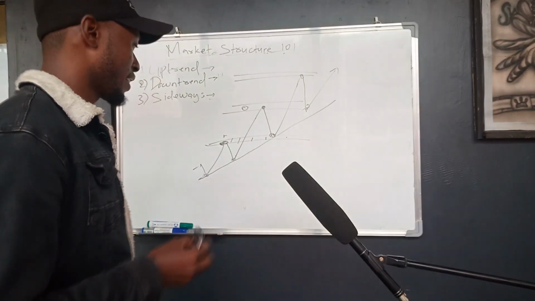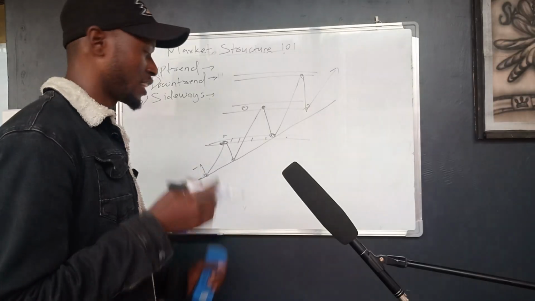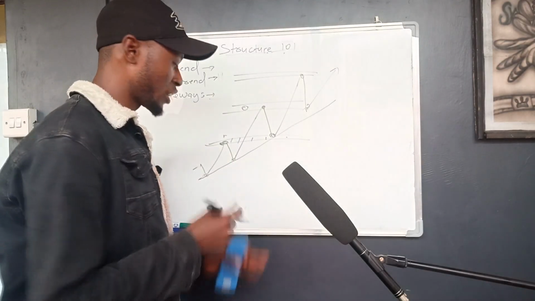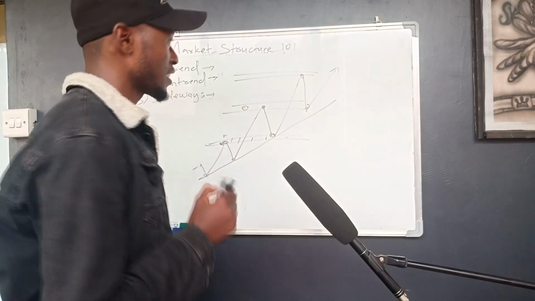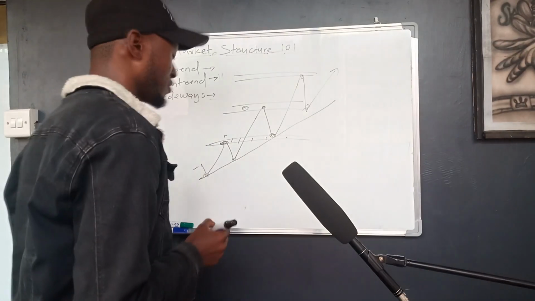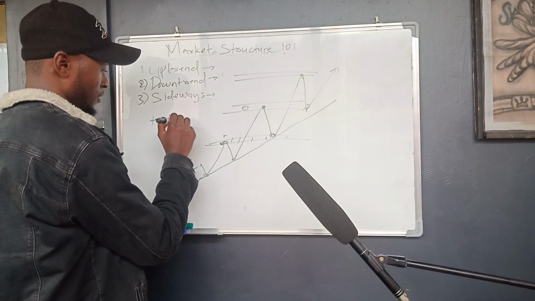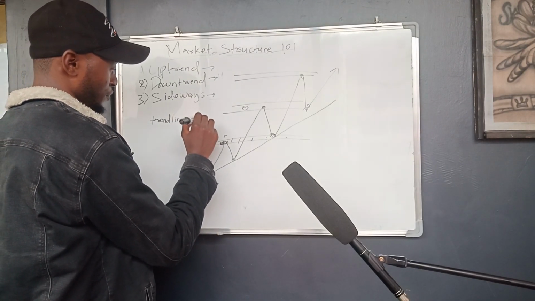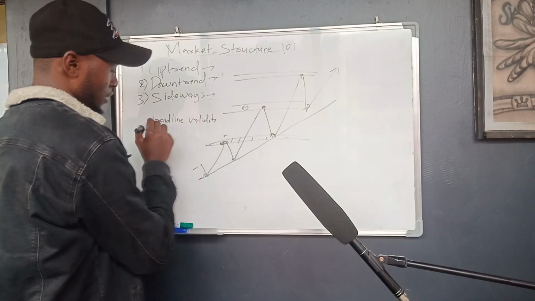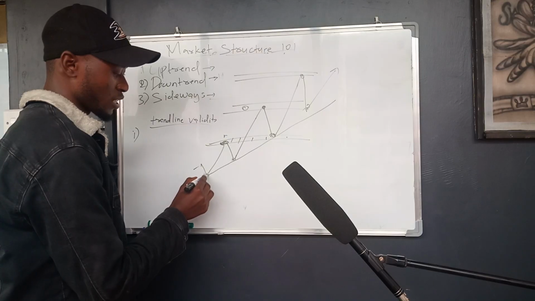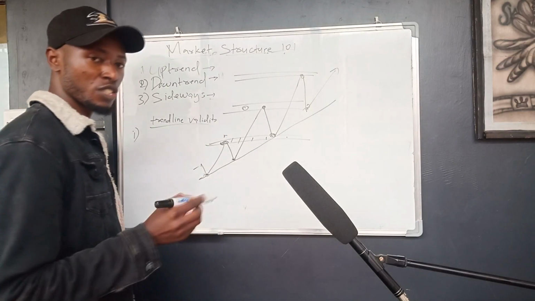So remember, there are tricks that you have to use in order to identify accurate trends. First and foremost, for a trend line to be valid, first it has to touch the first two lows.